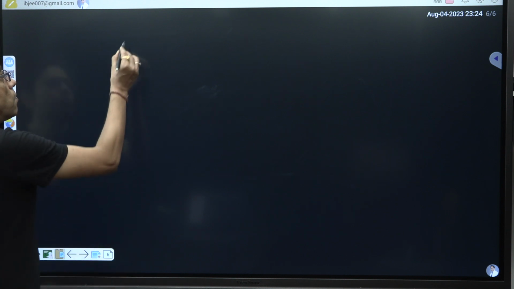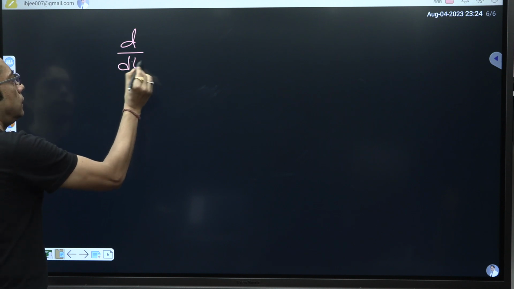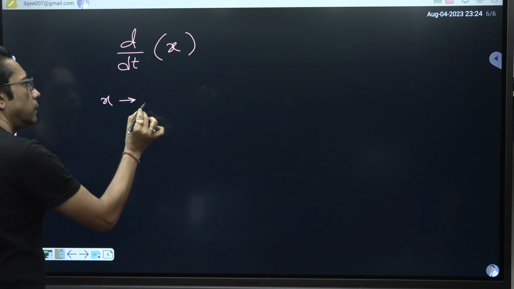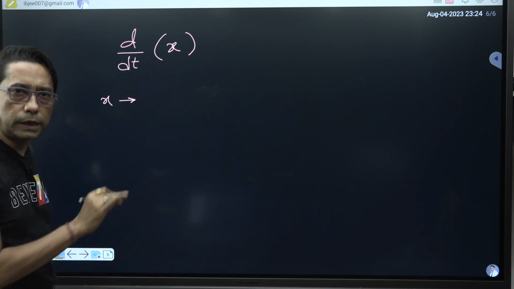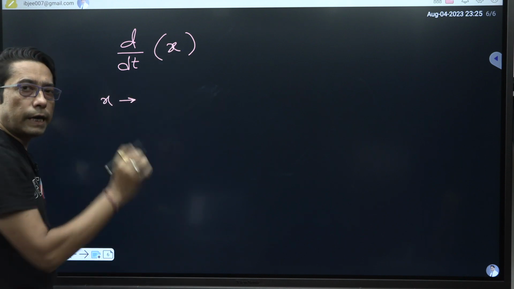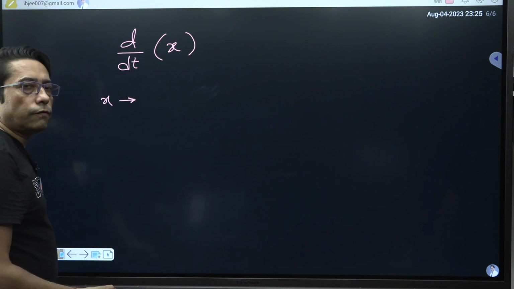Let us be back. So if we write d/dt of x, now we mean here x. x means any quantity plotted along the x-axis of a graph. Here in physics, not in maths, I am telling. In physics, x is any term placed along the x-axis of a graph.